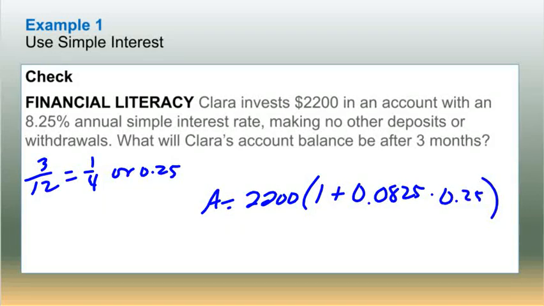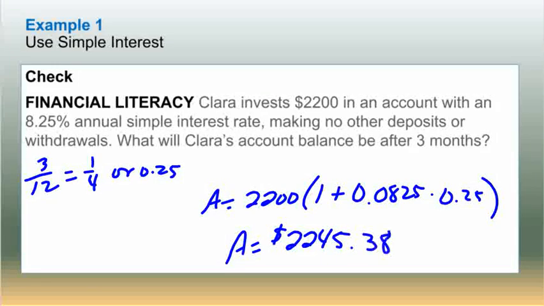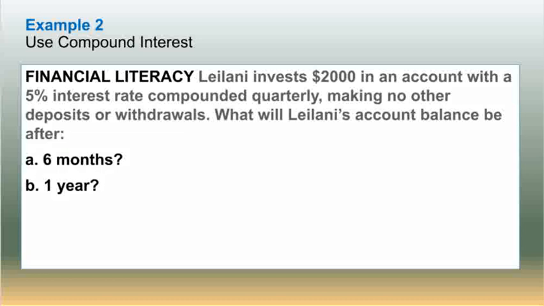So 2,200 times parentheses 1 plus 0.0825 times 0.25. The account balance would be $2,245.38.